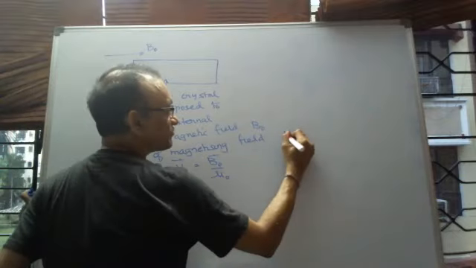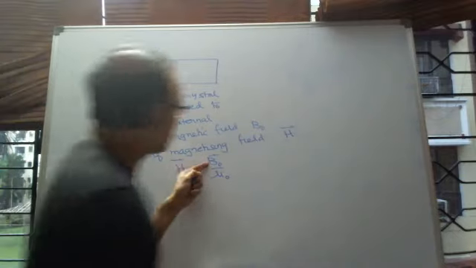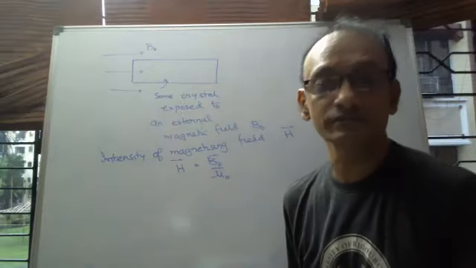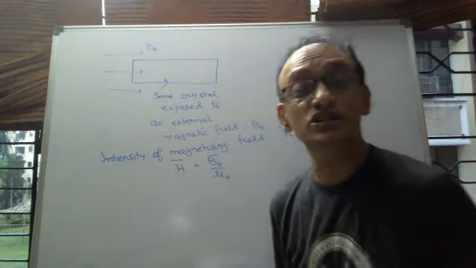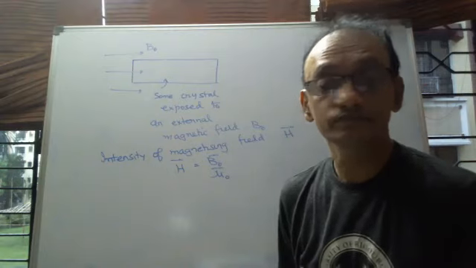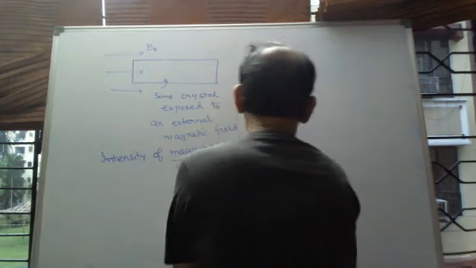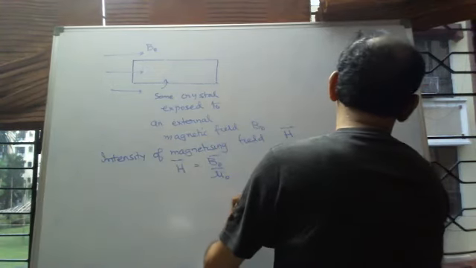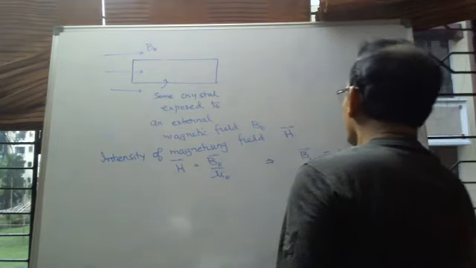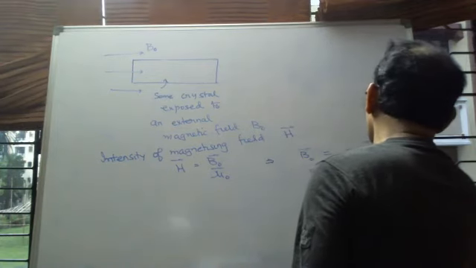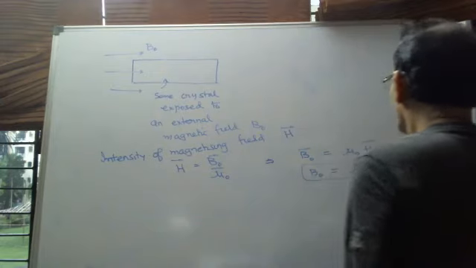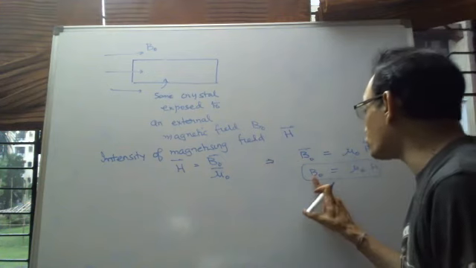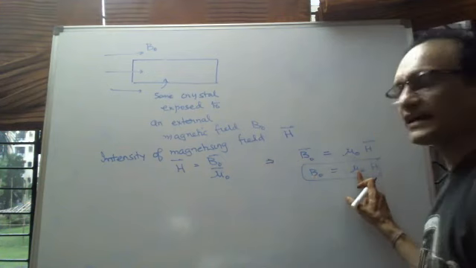The magnetic field divided by mu naught is defined as the intensity of the magnetizing field H. That means the external magnetic field B naught is mu naught times H. Scalar notation में B naught will become mu naught H. If vector notation हटा दें, H is the intensity of the magnetizing field, and it's related to the external magnetic field with a factor mu naught.